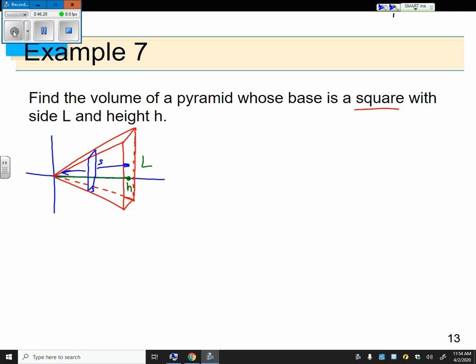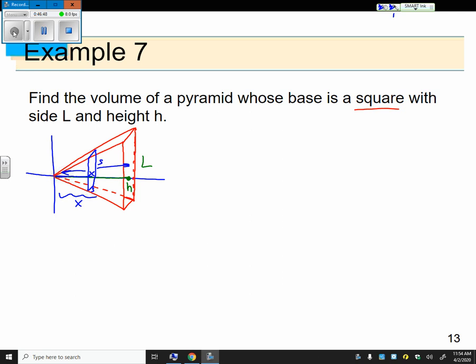Now from here I'm going to use the fact that it's a pyramid, and I'm going to set up a ratio. Wherever this landed coming down my axis, let's just say that it's x units down. That's my variable of how far I've come down, x. The height of that small pyramid is what we're going to use.